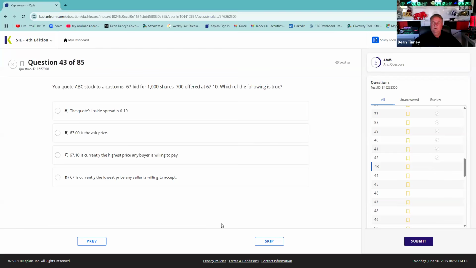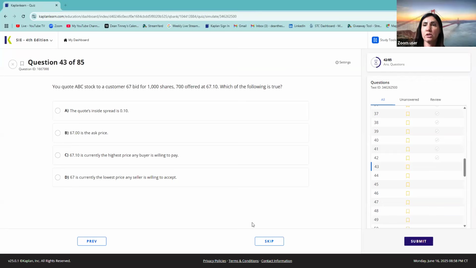All right, which of the following is true? You quote a stock to a customer, 67 bid for 1,000 shares, 700 offered at 67.10. Which of the following is true?